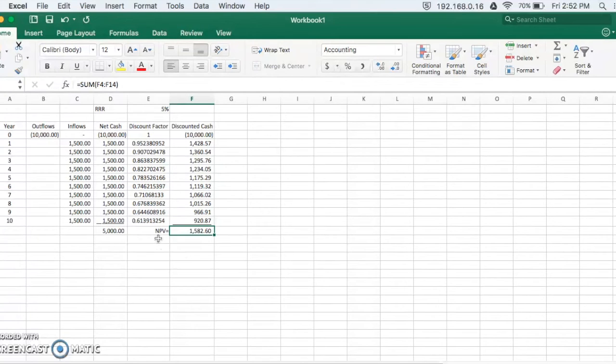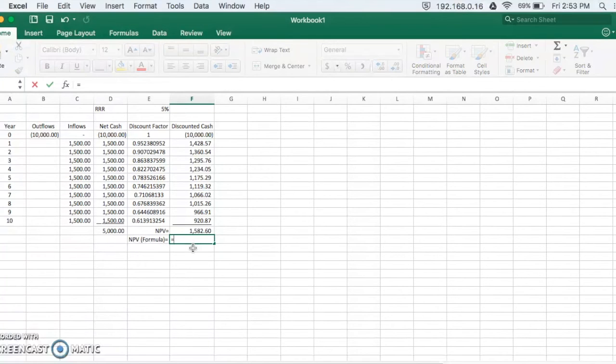So if I wanted to calculate the NPV using the formula from Excel, it's quite simple.